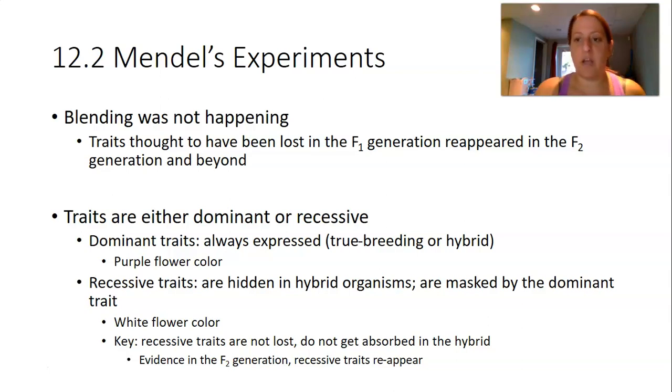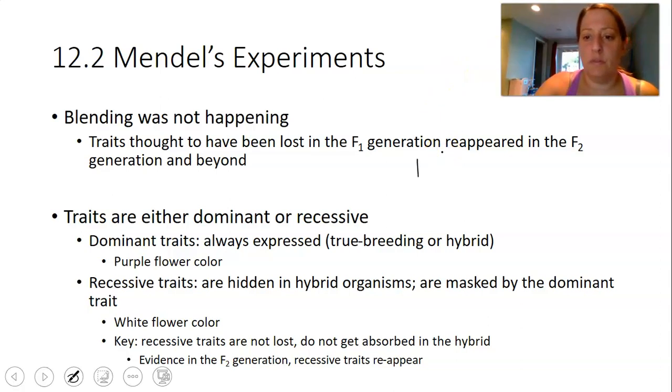So let's go back to flower color. So remember, his parent plants were, I forgot what letter we used. Let's use P. Okay, I can't remember if we used P or R when we look at flower color. So purple parental plants were big P, purple's dominant to white.